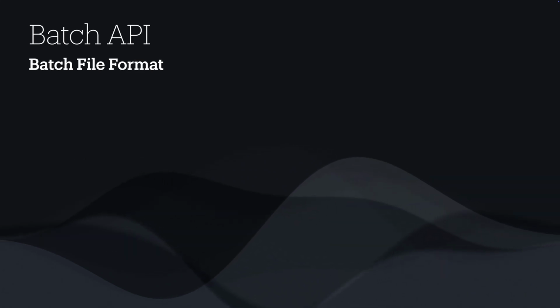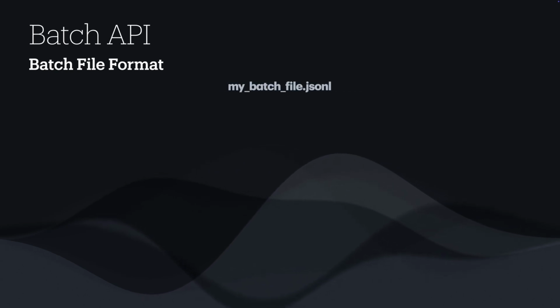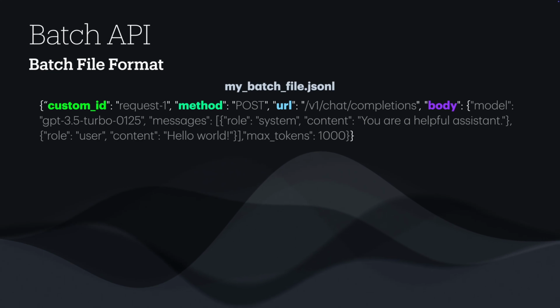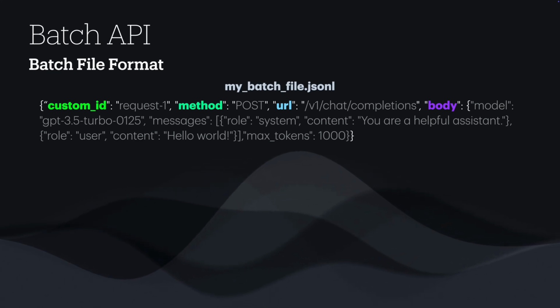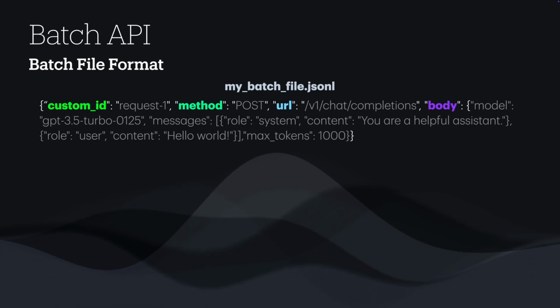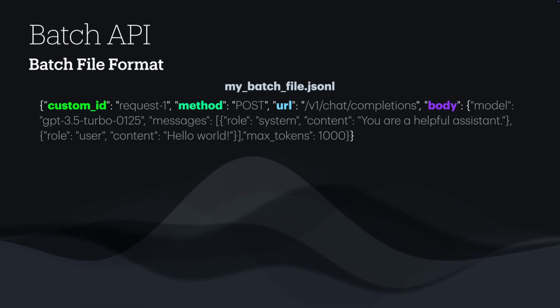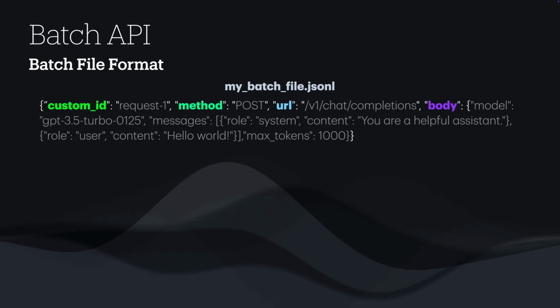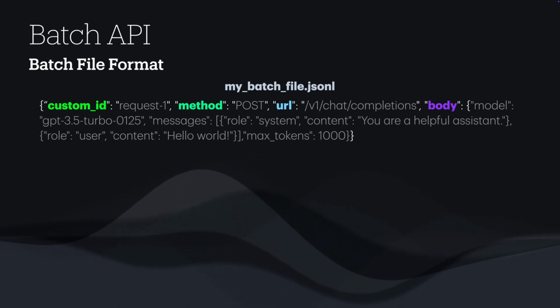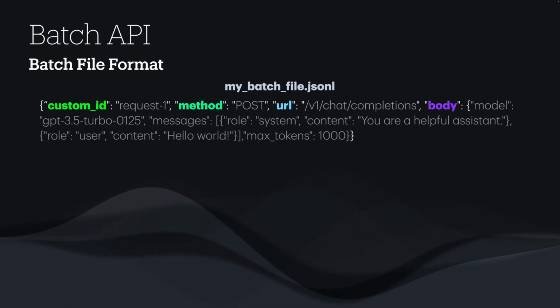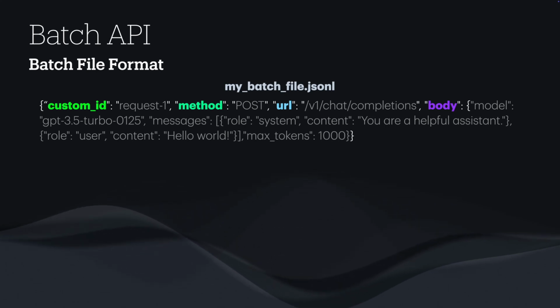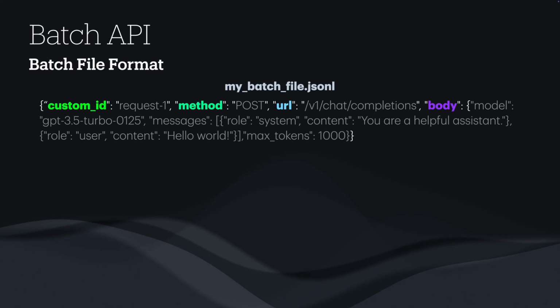Let's go through an example of the batch file format. So the batch file format is nothing but a line delimited file of JSON objects. And each JSON object has 4 root keys: the custom ID, the method, the URL, and the body. The custom ID is an ID that you generate on your own. The method is the HTTP method matching the OpenAI API that you're targeting, whether it's the embeddings API or the chat completions API.